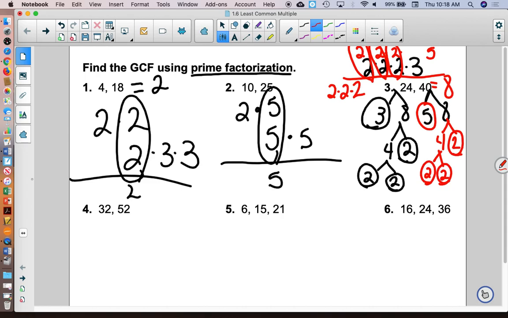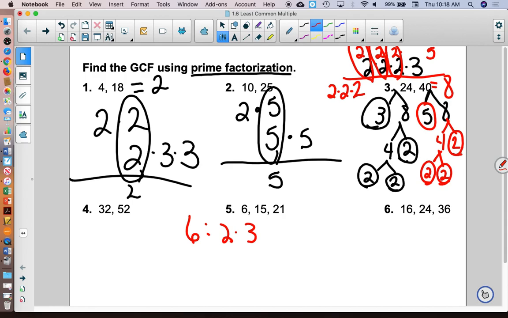Factors of 6. Can you guys write the prime factors of 6? I know I can. Can you? Callie, can you? What are they? 3 and 2. Good. So 2 times 3. There's my 6. There's my prime factorization. What are the prime factors of 15? I think that's another one that you should be able to do. Those are pretty simple ones.